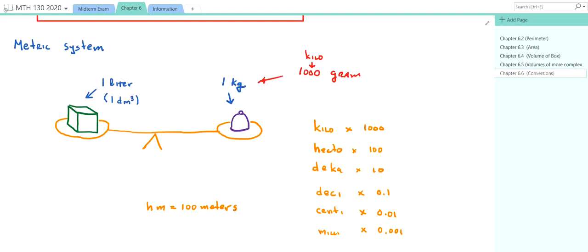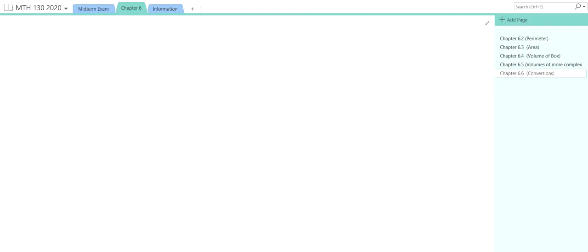So suppose I want to do some conversions. Suppose I want to convert 9 millimeters to meters. What do we do? Well, let's use the system that I showed you before. We're going to start out with 9 millimeters, so this is like a fraction, 9 over 1.